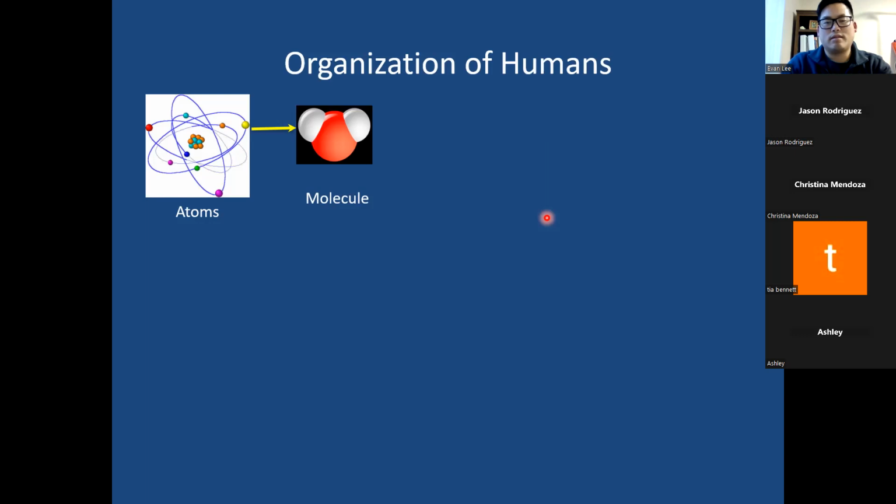This is where you get stuff that will have different types of properties, which will be very important to the body. So molecules are basically combinations of atoms. What do you think we're going to do next? We're going to combine molecules. This is a pretty big step. When we combine molecules, we're going to organize them very specifically to form cells.